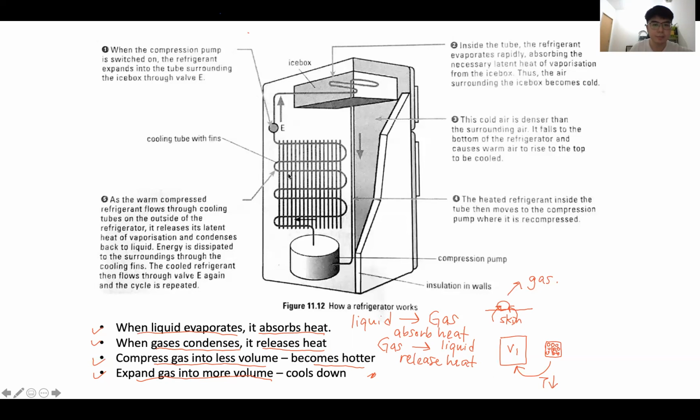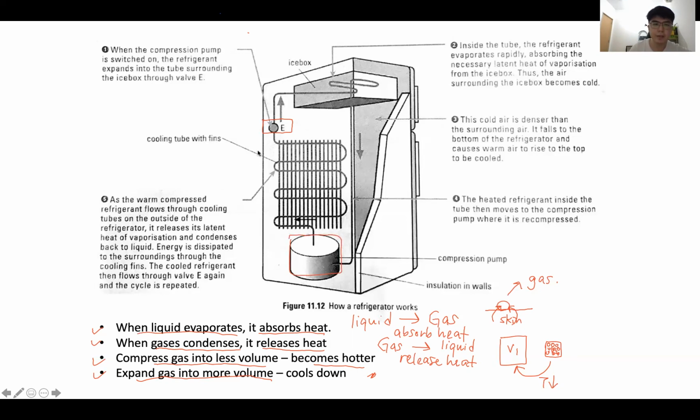Now let's see how it works. A few components of the refrigerator. We have E, the expansion valve, here. Then we have the compression pump at the bottom, which compresses the gas.